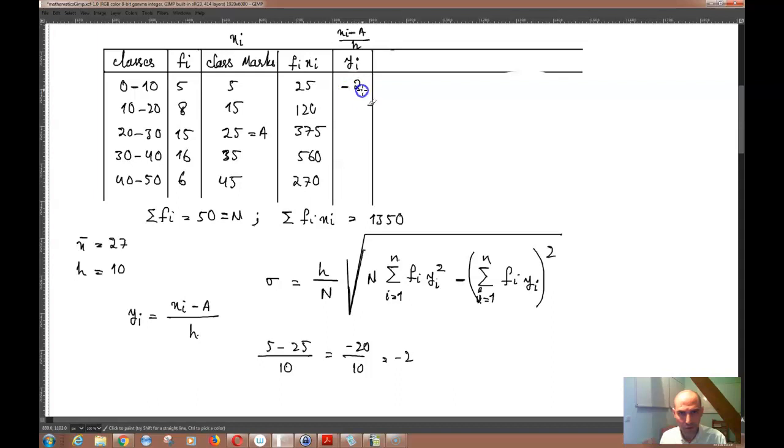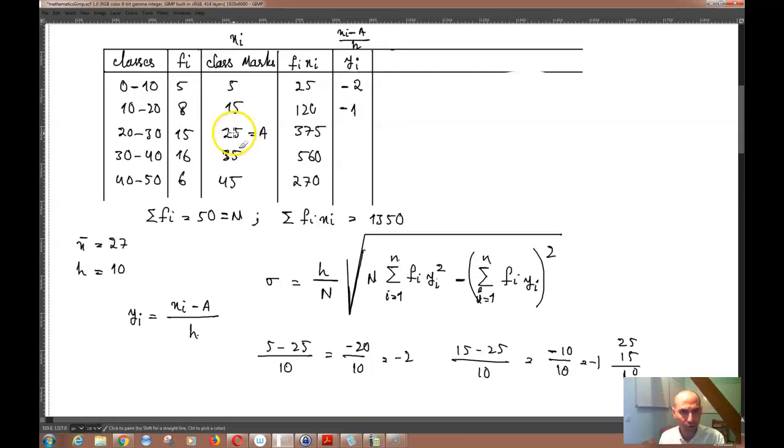Over here, 15 minus 25 is negative 10, divided by 10, which is negative 1.